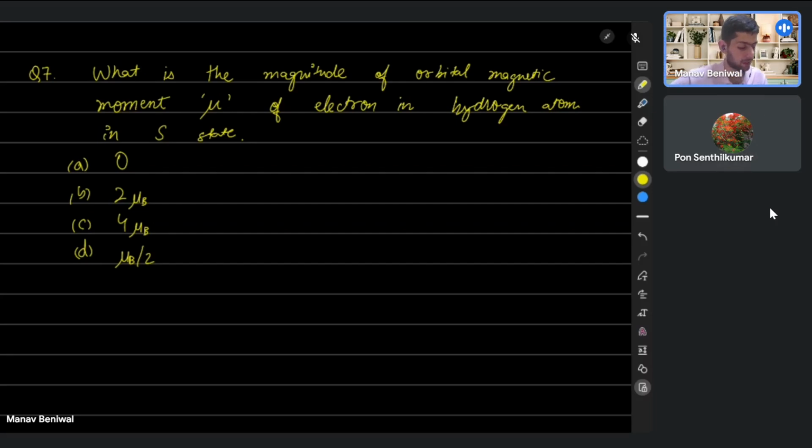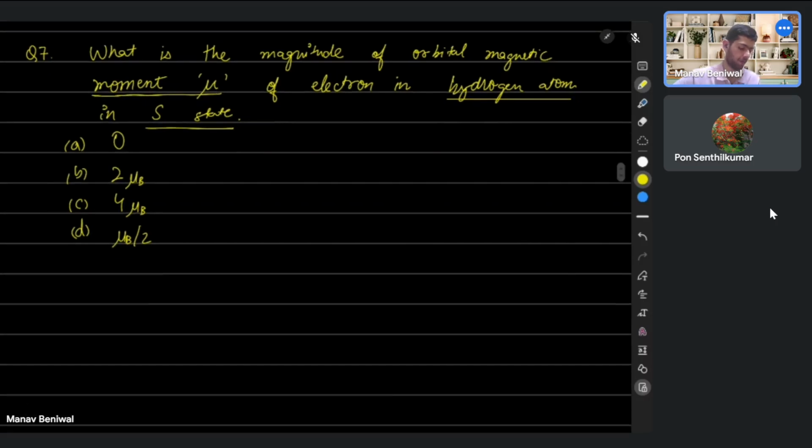Okay, so you are given a hydrogen atom and the electron is in S state, and you are asked to find magnetic moment mu. We have done a similar problem, right? So first you tell me that when an electron is in S state, what will be the value of quantum number L?